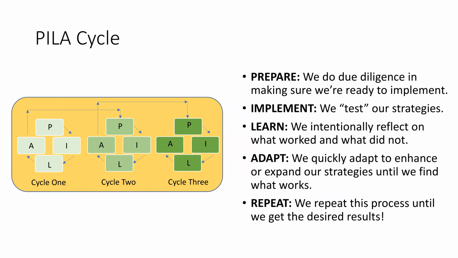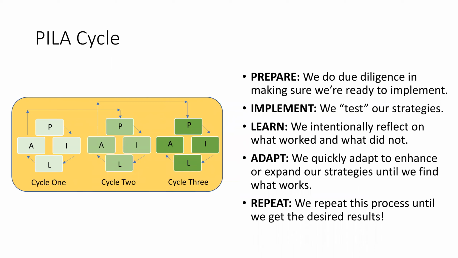Before we go on, I want to address a common question about these cycles. Some of you may be wondering, do we always go through 3 cycles? While there are few absolutes in systems work, generally speaking, you will want to consider 3 cycles. The first one being a very small scale prototype of some aspect of your strategy. Then the second cycle often focuses on implementing the full strategy with a specific audience and or setting.